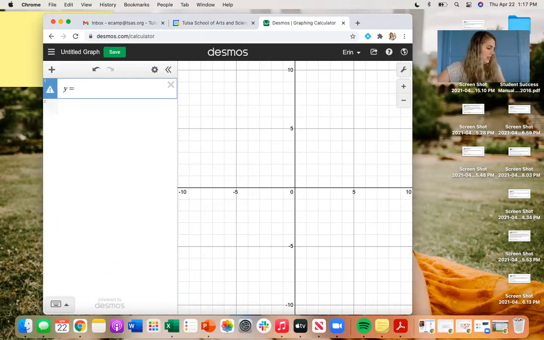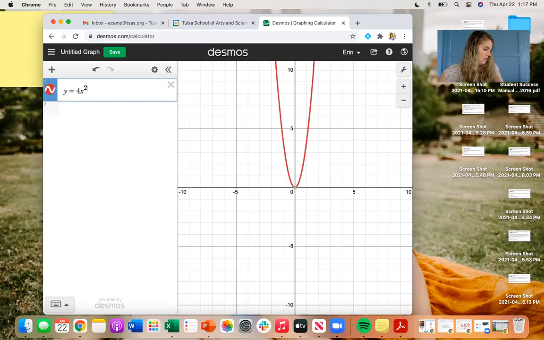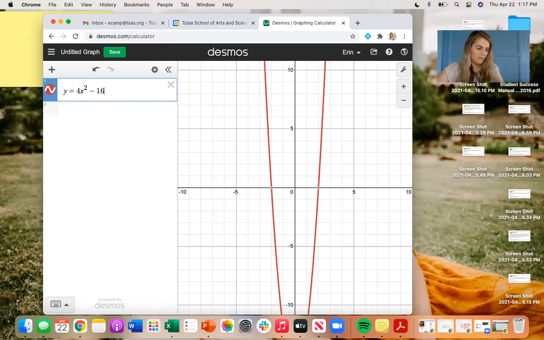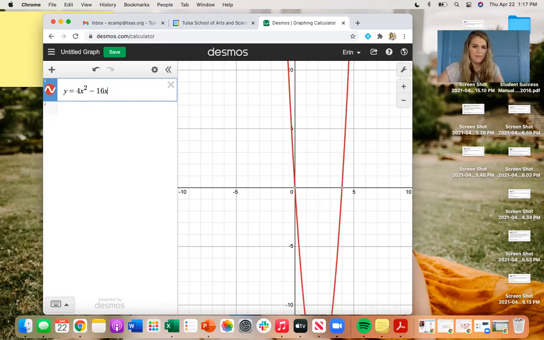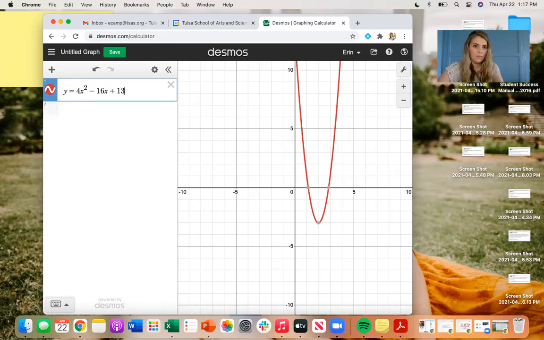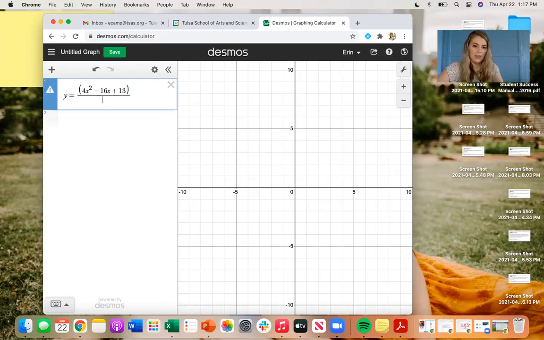I'm going to enter in the equation as we rewrote it. I'm going to make sure this is in parentheses, and I'm going to divide it by 3 log, and my log has a subscript of 2.